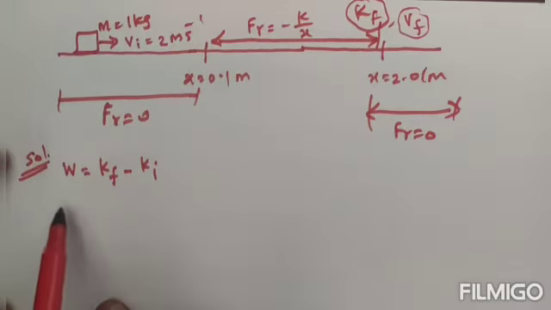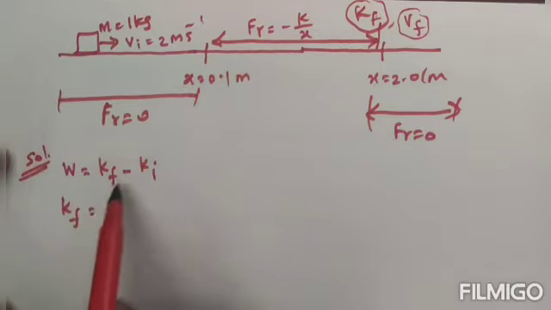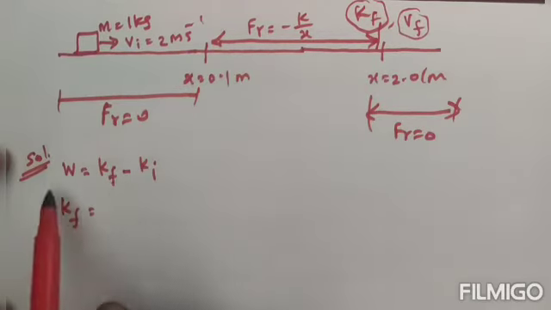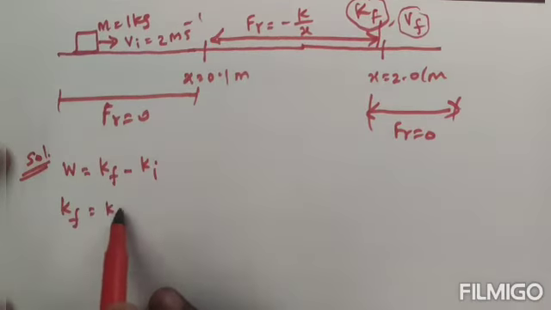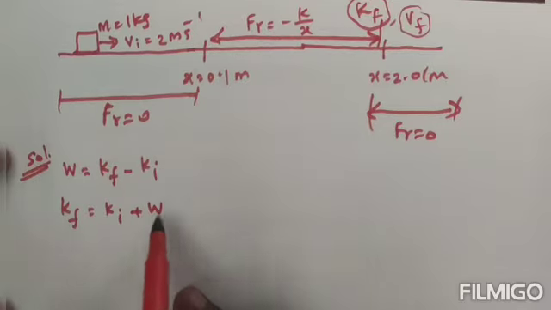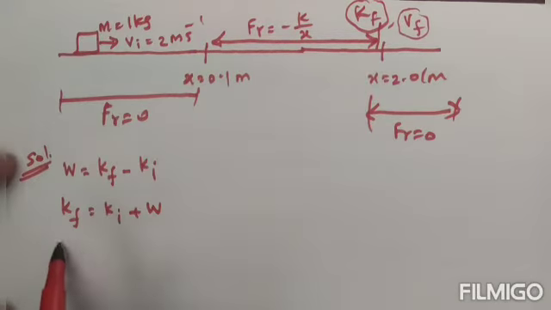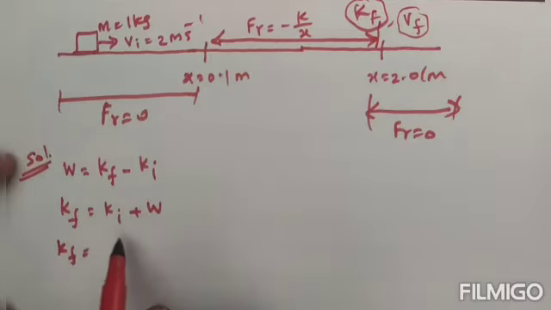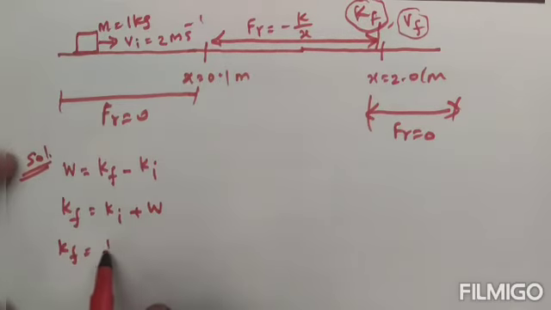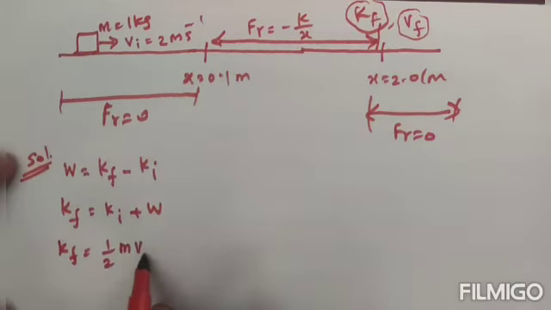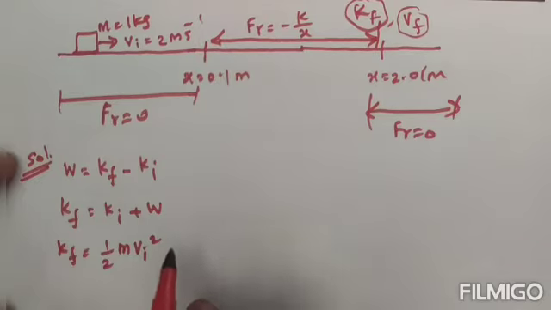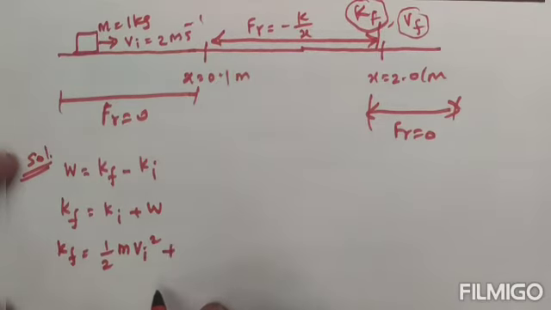But now in this question we are going to calculate the final kinetic energy, that is Kf. So moving K to the left side, initial kinetic energy plus work done. So we can write Kf is equal to Ki, initial kinetic energy, that is half m vi squared, plus work done.